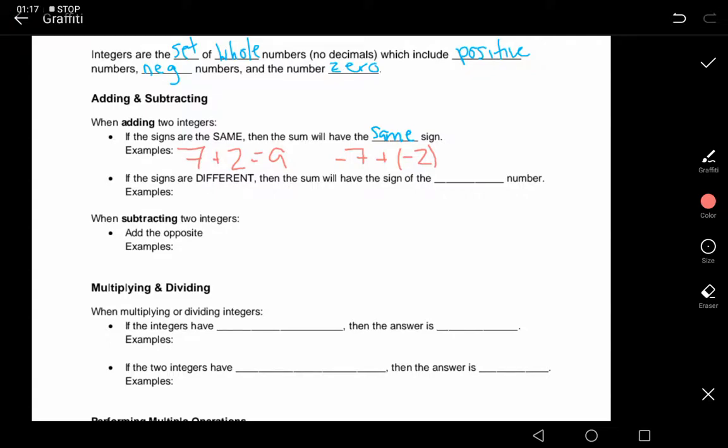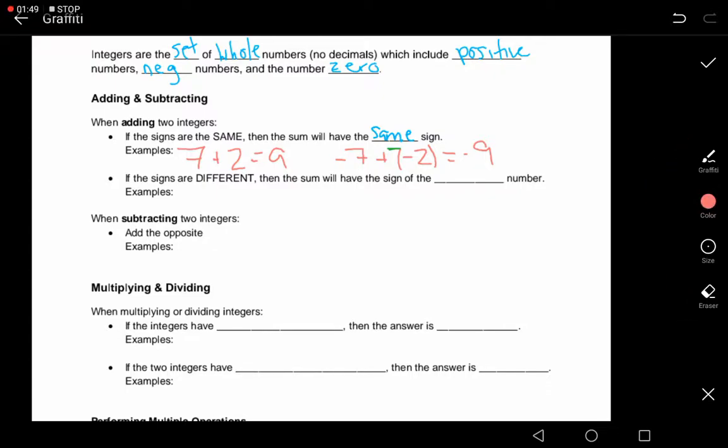We don't want to get it confused with a subtraction sign. Okay, but that is really the same. When we have a plus and then a minus right next to each other, that's actually just subtracting. So negative 7 minus 2 is going to be negative 9. Okay, so if the signs are the same on the integers we're adding, the answer will also be the same.